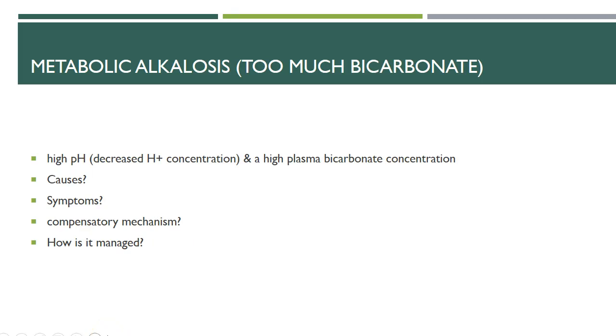With metabolic alkalosis, you have too much bicarbonate, so your pH is high, and you have a high plasma bicarbonate. The causes of metabolic alkalosis are a loss of GI volume, so prolonged vomiting, NG suctioning.